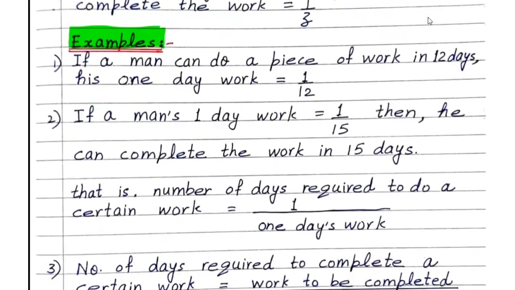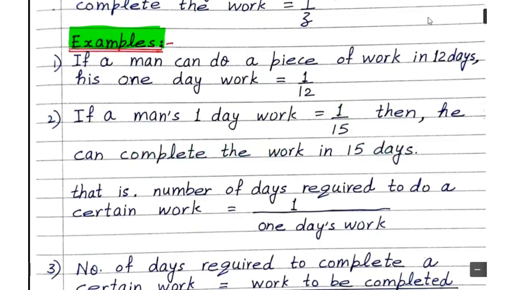See now, example number 1: if a man can do a piece of work in 12 days, his one day work is equal to 1 upon 12. Clear? Second: if a man's one day work is 1 upon 15, then he can complete the work in 15 days.